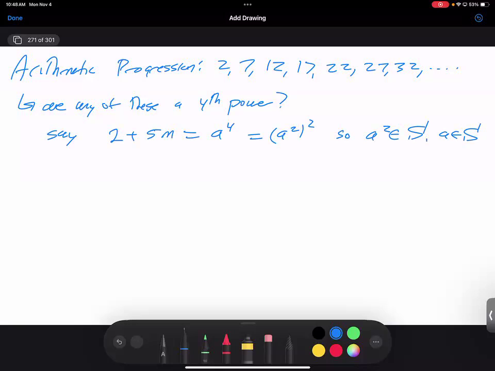So do you think 2 plus 5m could ever be a fourth power? Well, definitely not the ones ending with 7, but maybe the ones ending with 2. So what can you tell me about a fourth power?